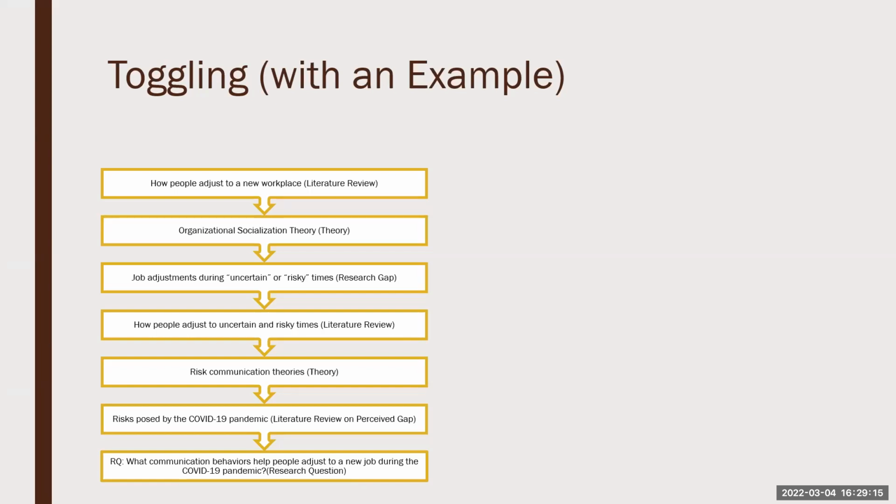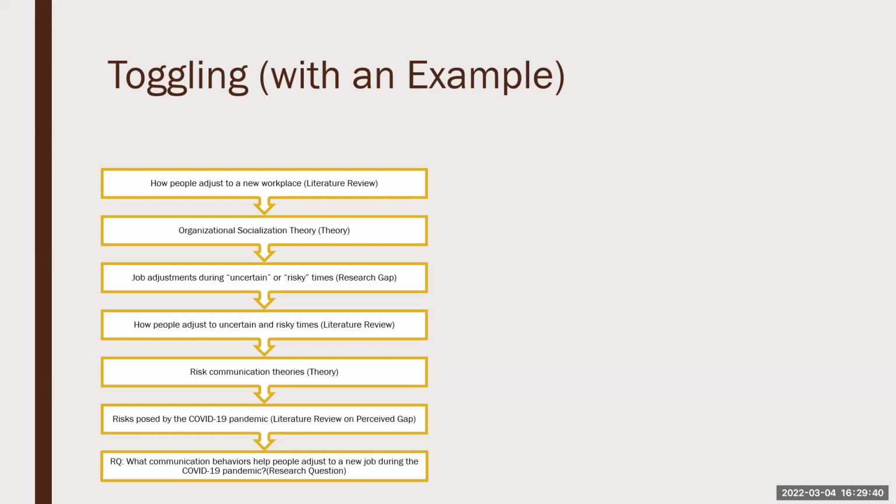If I'm carrying on the same example that we had earlier, how people adjust to a new workplace, right? That's the issue that you're interested in. So starting with that issue, you will go through probably a list of different relevant journals and scholarly material to really focus on this particular issue, adjustment to new workplaces.